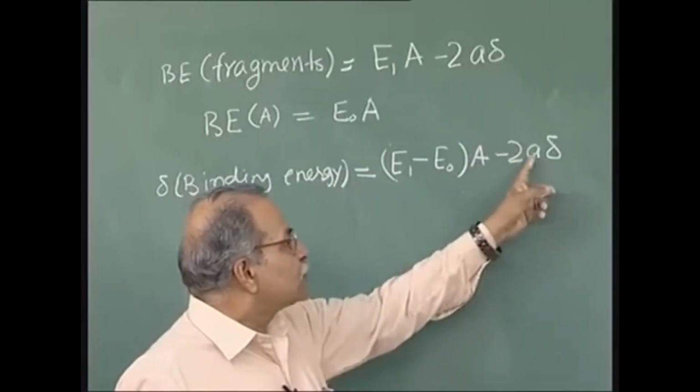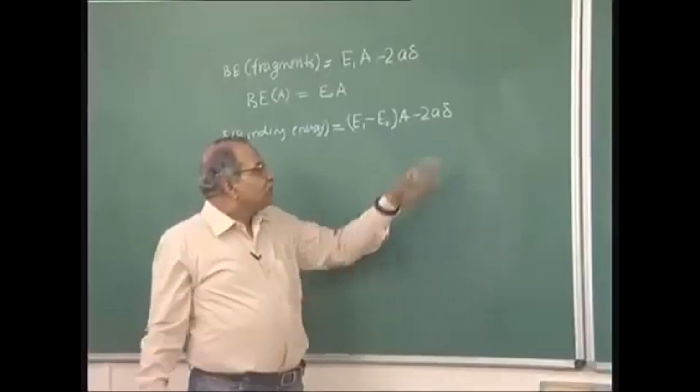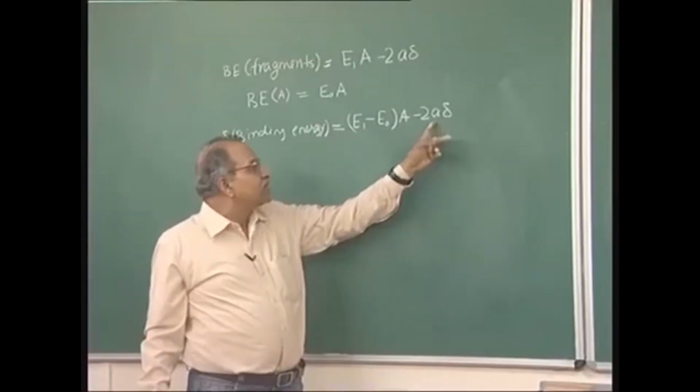Now, this minus 2 a delta, the energy released is small if you have this term, if you have this a.